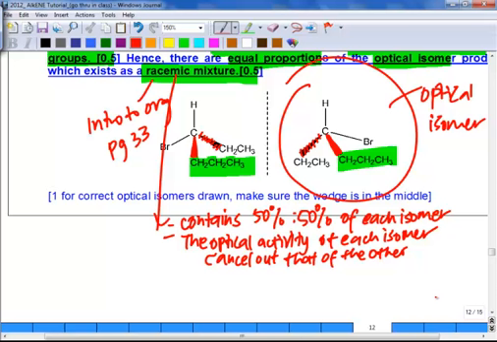That means there is no optical activity for the racemic mixture.